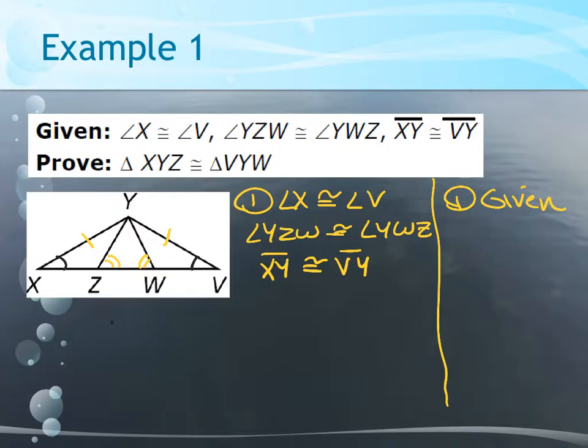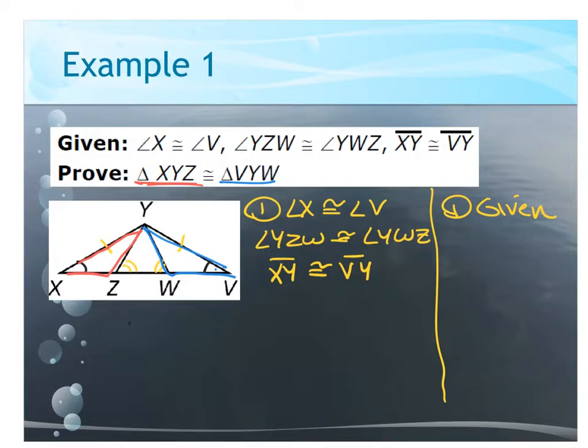Now, the triangles that I'm trying to prove congruent are XYZ and VYW. All right, so now if you look at the red and the blue triangle, notice they have an angle that's marked and a side.